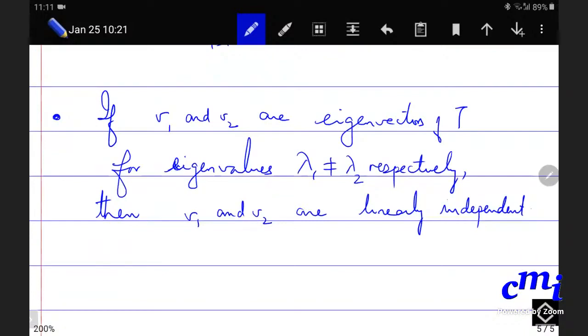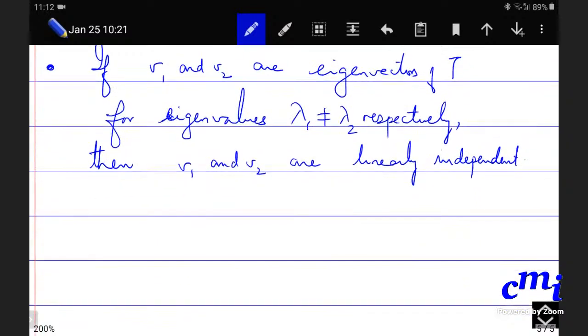You can make the statement about any number of eigenvectors. If you have r distinct eigenvalues, lambda 1 through lambda r, and for each lambda i you choose a Vi which is an eigenvector for it, then V1 through Vr would be linearly independent. It is true for more than two vectors also, but I just want to use this now so that we get a feel for the argument. We'll prove it properly in the general version that we need.